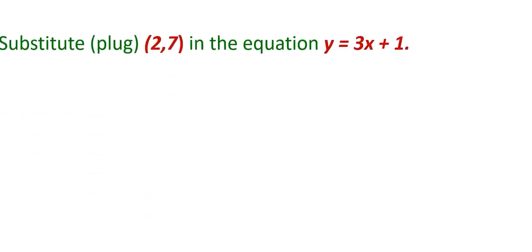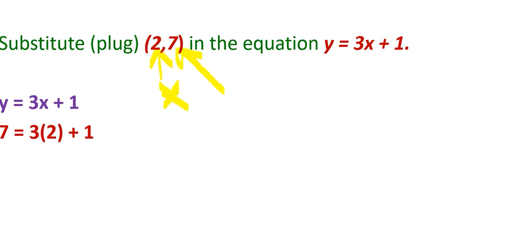Let's check using the equation. Is 2, 7 a solution to y equals 3x plus 1? We substitute or plug in 2, 7 in the equation y equals 3x plus 1. This is our x, this is our y.